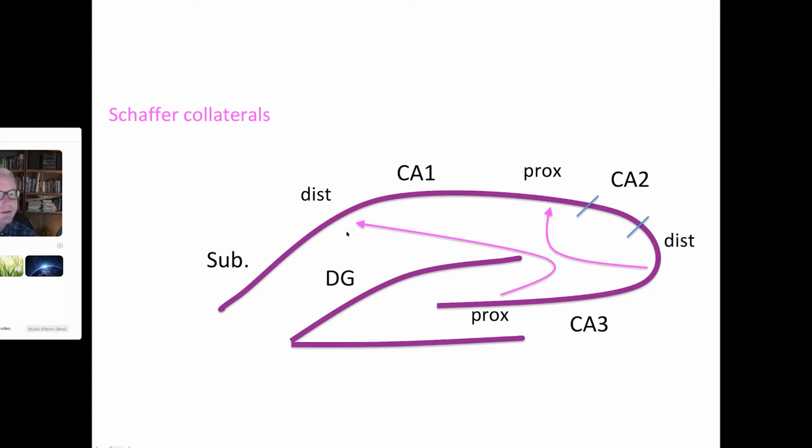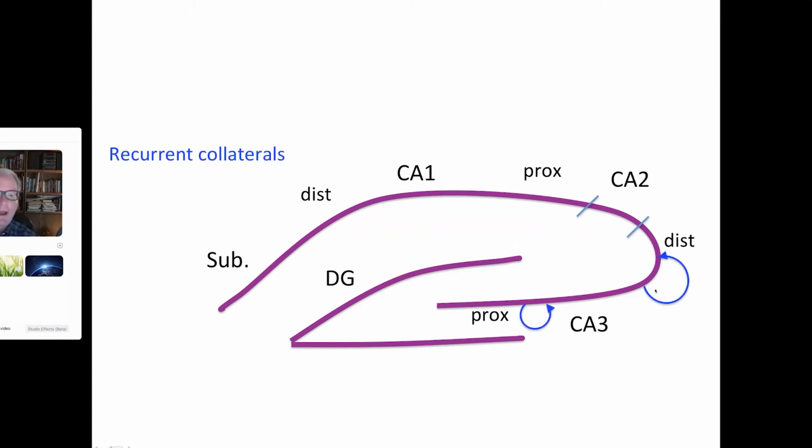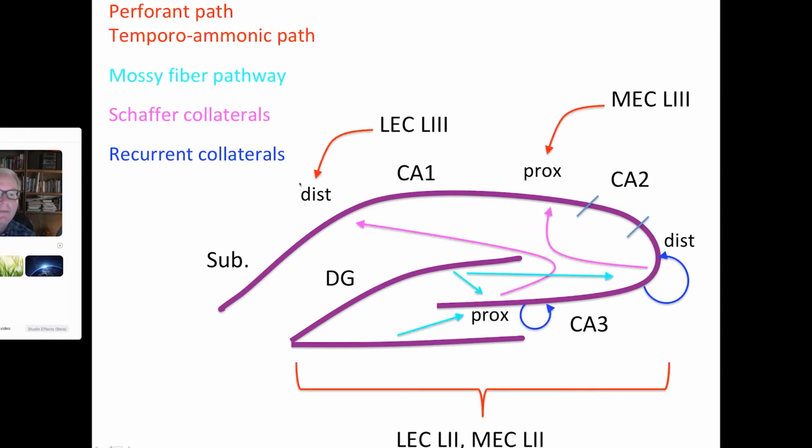So this topography of projection mirrors symmetrically around the CA3 to CA1 transition. And of course, the recurrent collaterals of CA3 are more dense in the distal part of CA3 compared to proximal CA3. So there's a lot of complex anatomy that goes on in the hippocampal circuit, the so-called trisynaptic loop, that really needs to be taken into account.